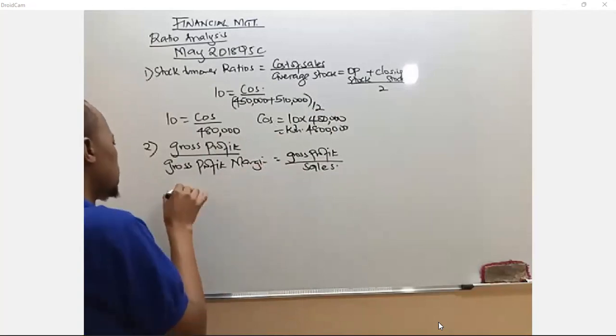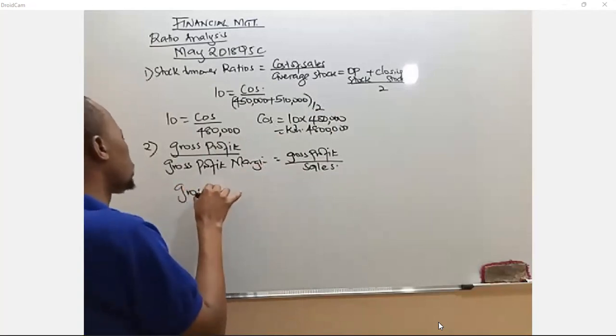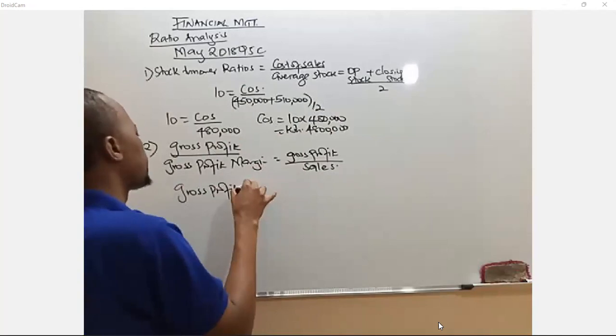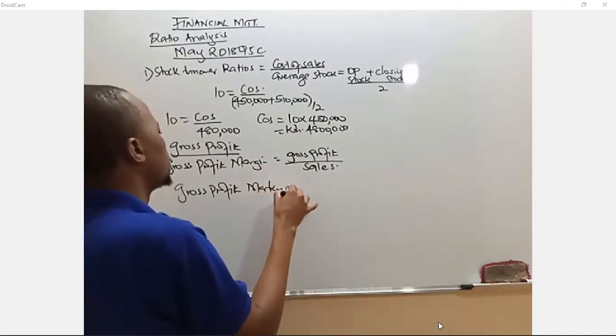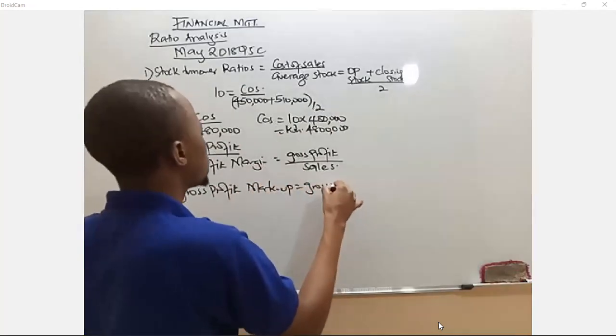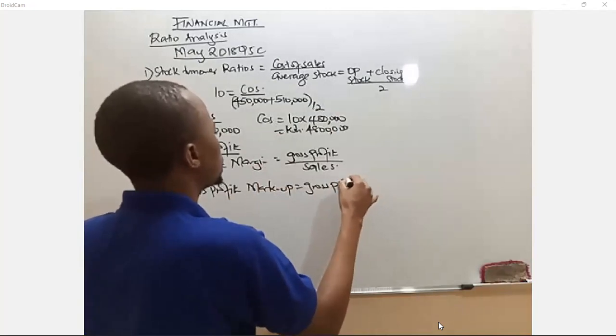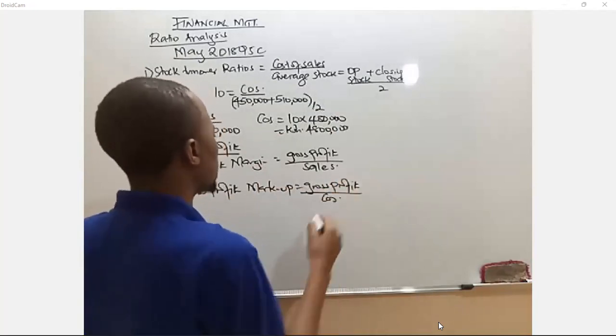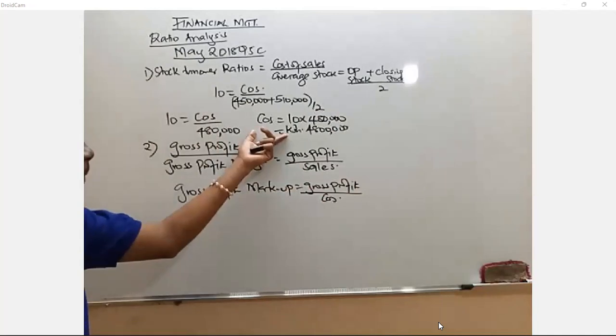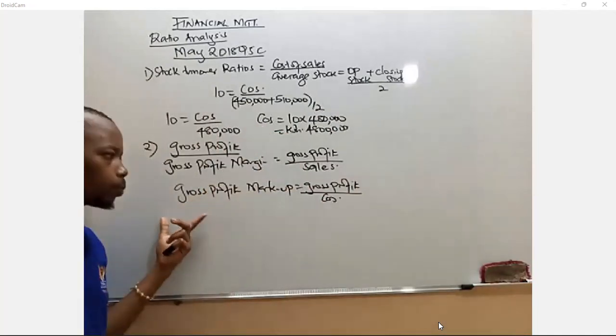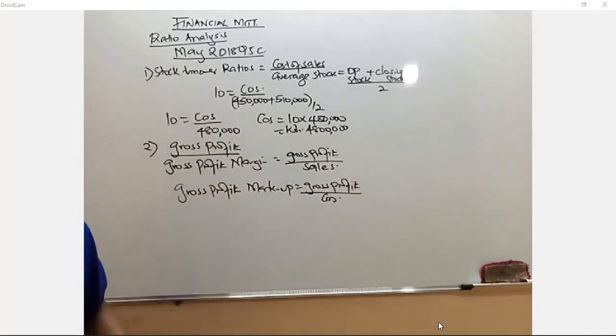Then I use this formula to get the gross profit markup. You normally take your gross profits and divide by cost of sales, which we have already computed here.